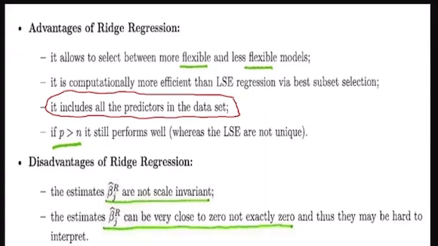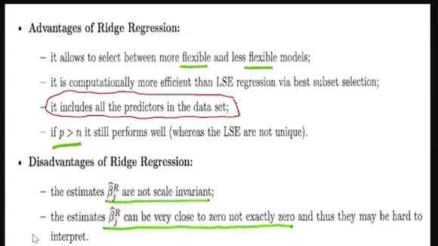Because having some predictors in the data set, even though we said they are not statistically significant, could improve the predictive accuracy of a model. And if p is greater than n, it performs well.